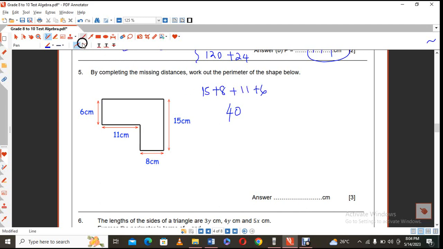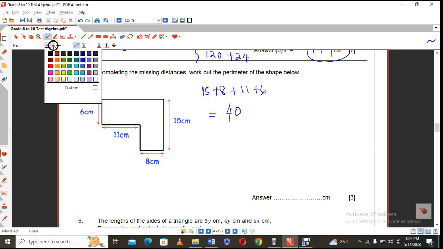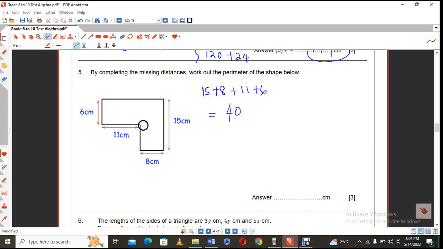Now let me fill in the missing values. You see this value here is missing.